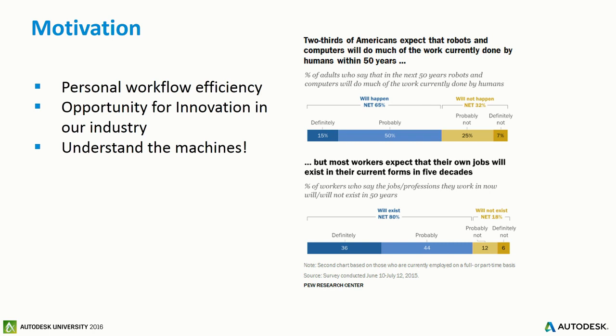But when asked if their job specifically was going to be replaced, only 1/3 said yes. So I think it's, especially at AU, when you see just walking through the exhibit hall at everything that's being automated and all the robots and computers, and you can see it in our industry and in what I do every day.